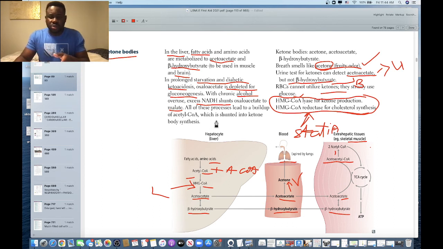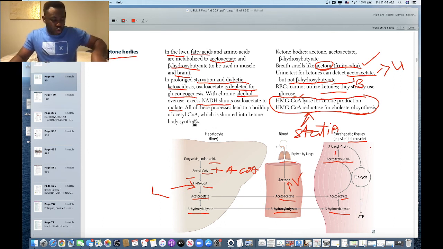Let me just refer to this quickly. Here it is. So acetaldehyde, correct. We break the alcohol down into acetaldehyde. That's on page 72.